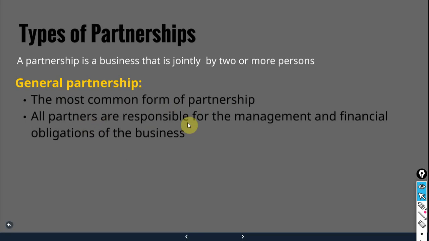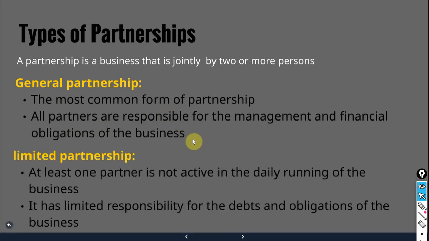All partners are responsible for the management and financial obligations of the business. The second type of partnership is limited partnership. At least one partner is not active in the daily running of the business. It has limited responsibility for the debt and obligations of the business.